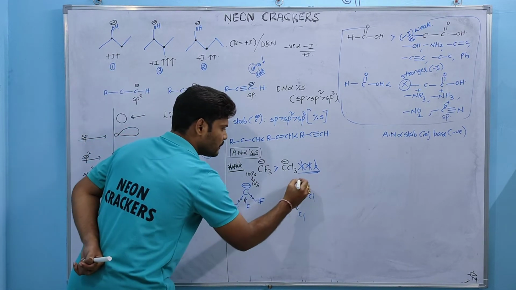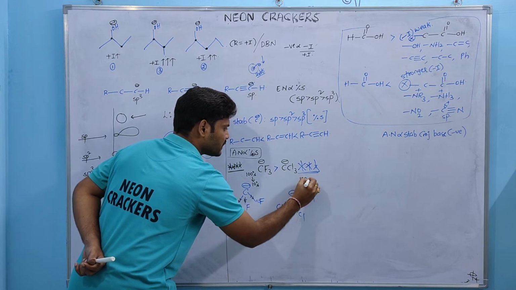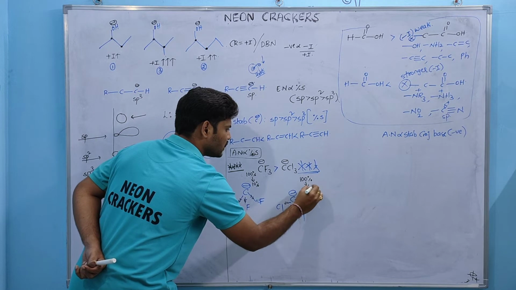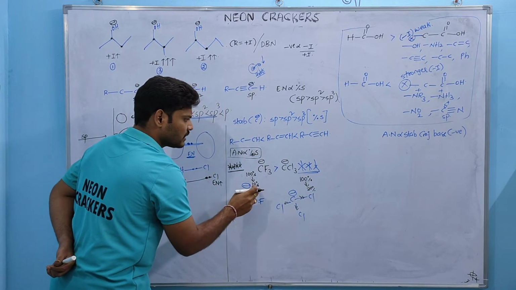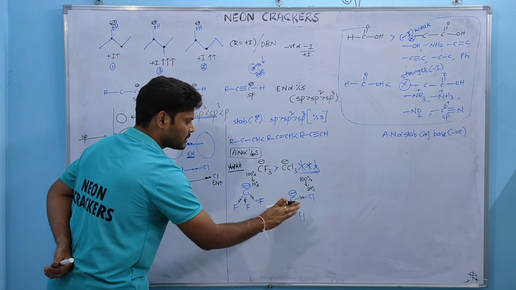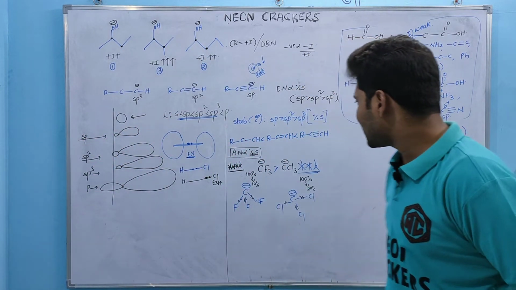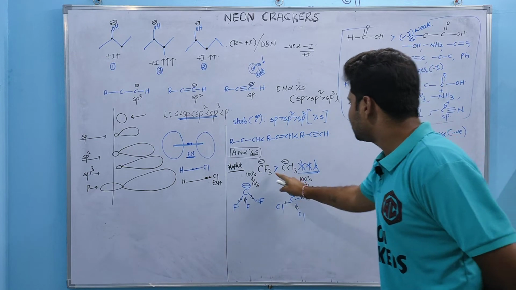Of course, here also minus I effect is there, so 100% negative charge goes to maybe 20% or 30%, greater than this one, because it is a weaker minus I compared to this one. That is okay. According to minus I, CF3 is greater than CCl3.